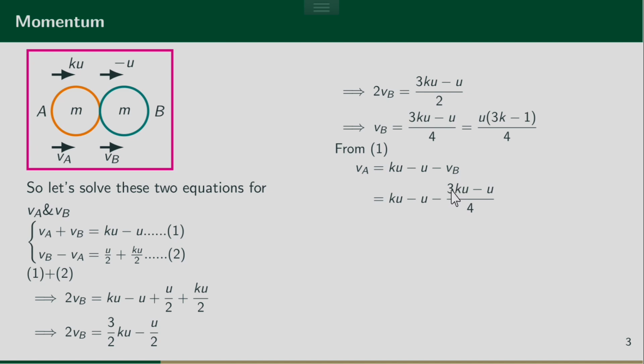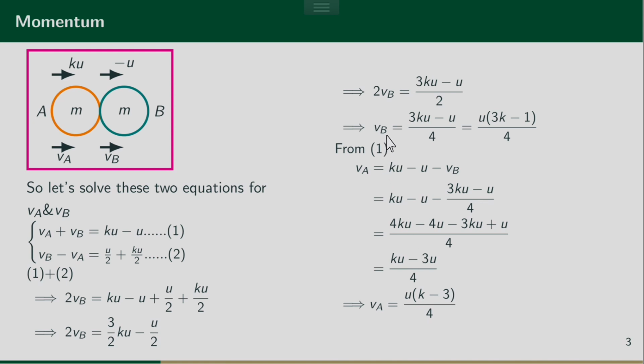So when it distributes, this term becomes negative and this other term becomes positive. So I'll just find the LCM and distribute the terms. Then I'll be having 4KU minus 3KU gives me just KU, and negative 4U plus U gives negative 3U, divided by 4. So this is the value of VA. So VA now will be U into K minus 3 divided by 4.